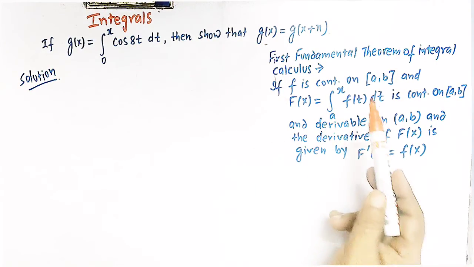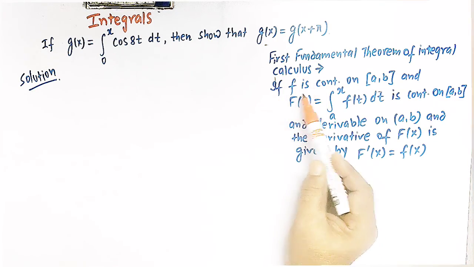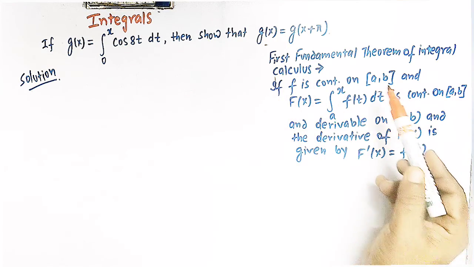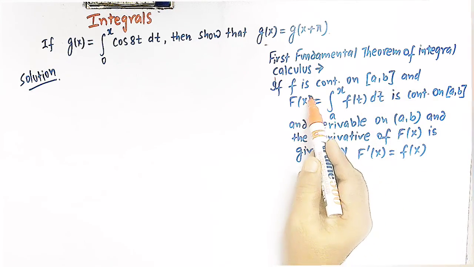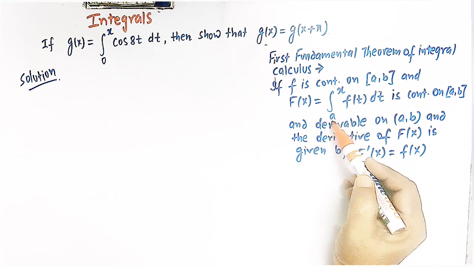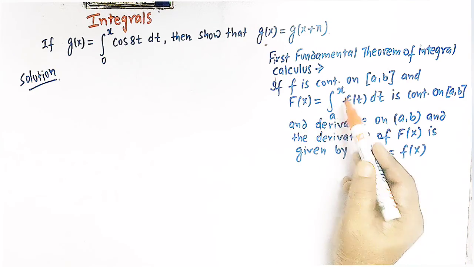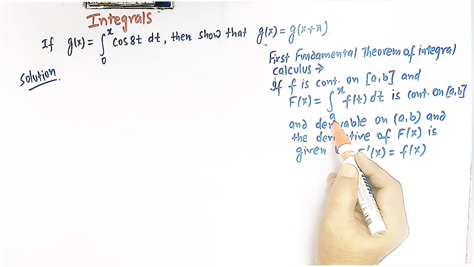So the first fundamental theorem of integral calculus says that if f is a continuous function on this closed interval a comma b, and some function, say capital F of x, is defined by this integral, that is from a to x f of t dt, where the lower limit is a constant, that is here we have a, right?